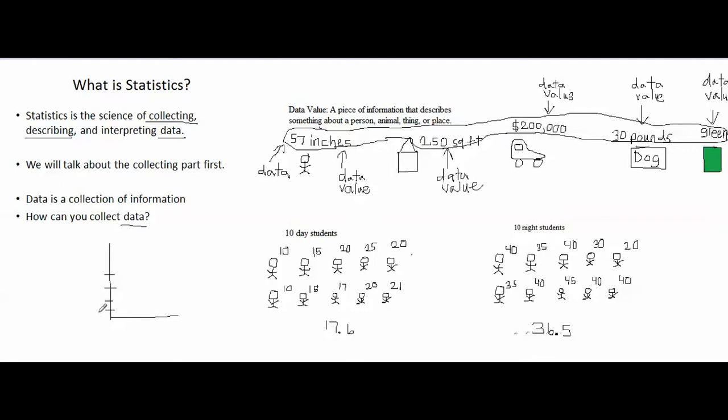Maybe it goes up by 5, 10, 15, and 20. So then this bar would go up to 17.6, which is right here, or about right there. And this other bar for the night students would go up higher.